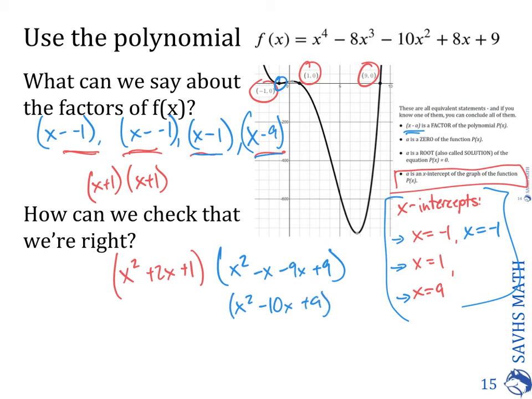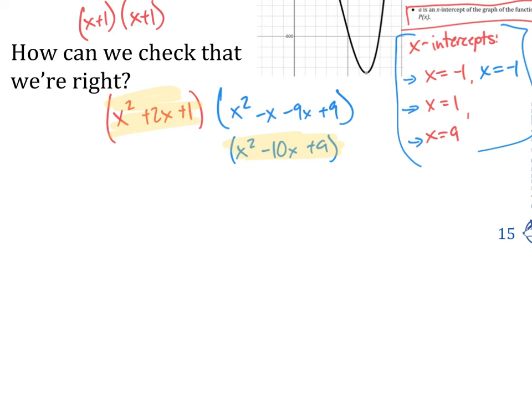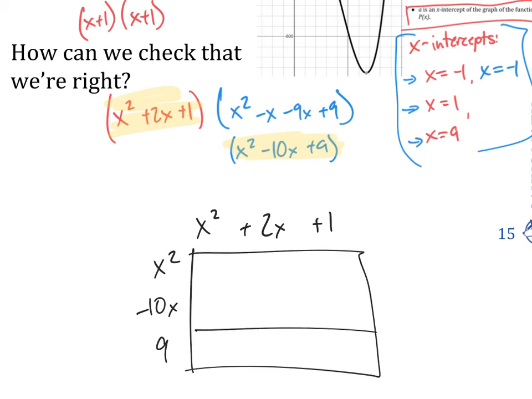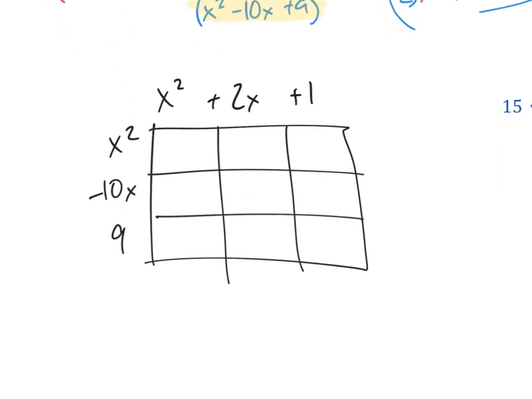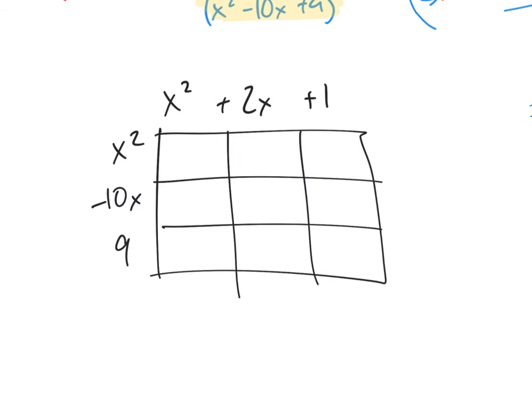So then I can multiply these two, this and this, using the box method. I'm going to set it up and then I'm going to ask you to finish it. This one is like a big 3x3 box, like that. Okay, take a second, finish that up. Okay, here's what I get, x to the 4th.